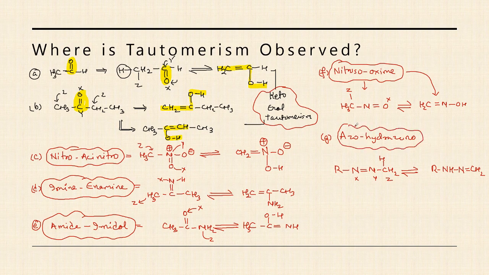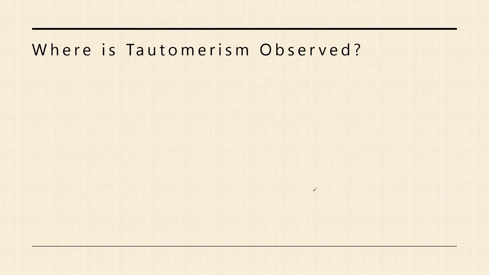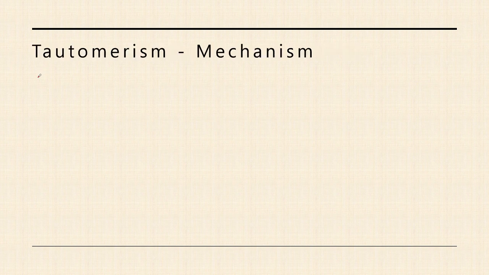Okay. Now the next thing we need to understand is that when we have identified where tautomerism would be observed, let's take certain cases to identify whether tautomerism will take place in them or not.